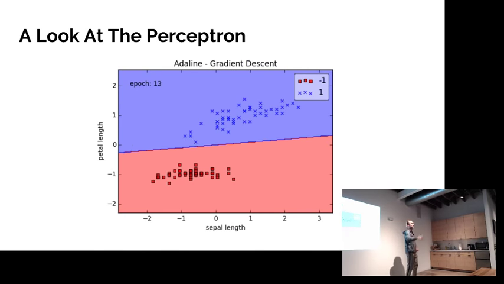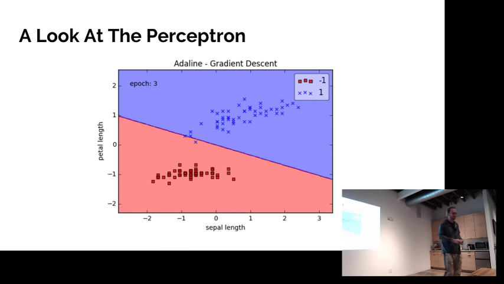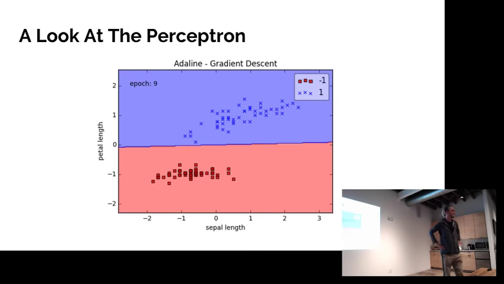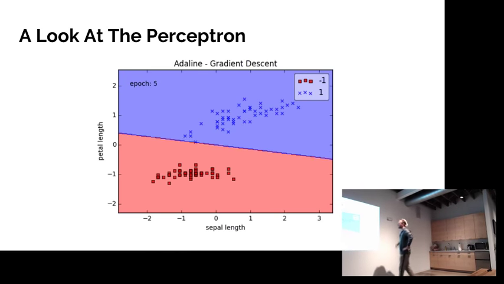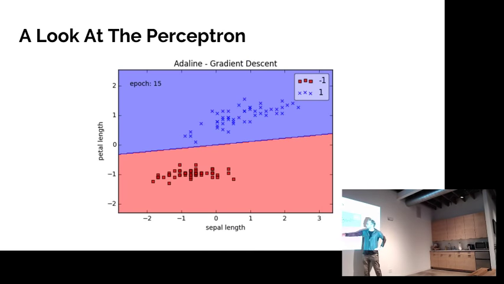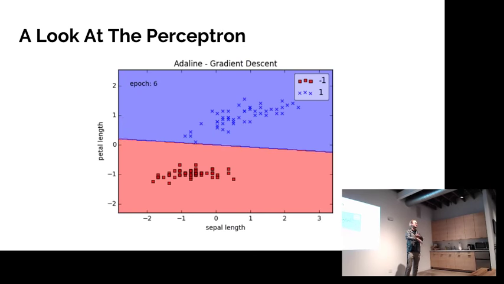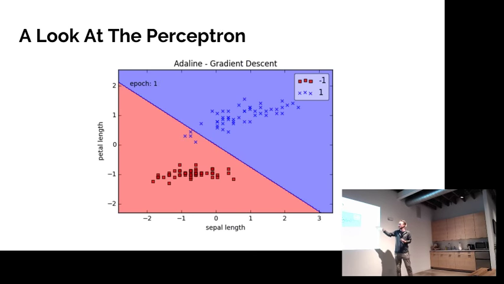If you were to try to run this and it won't work, will the model say, no, I'm not going to work? If there was a blue point right here, then it would fail to converge on a solution. This is an iterative process.